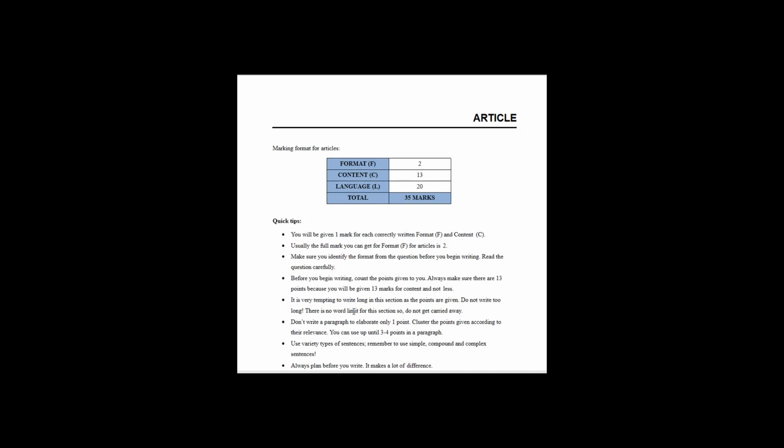Next, this is very important. Always plan before you write. It makes a lot of difference. Always make sure you write your points on a piece of paper. Check it out. Maybe there are some points that will come to you later, so you can add them there.